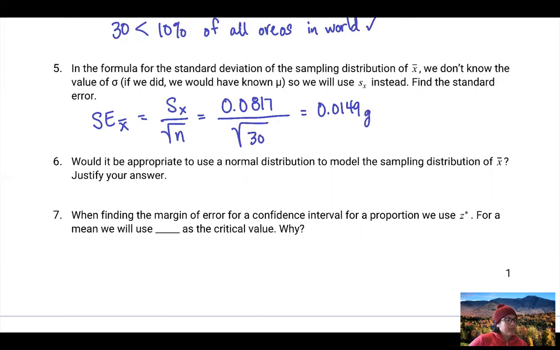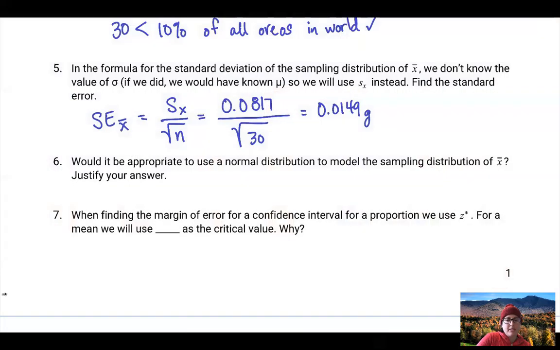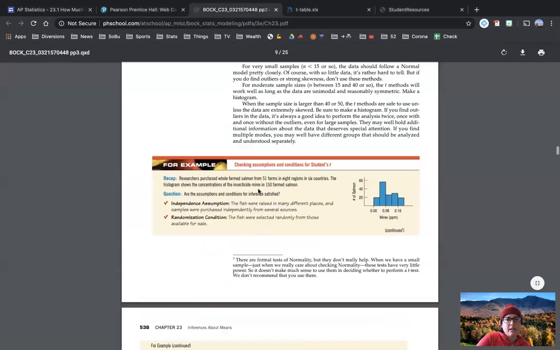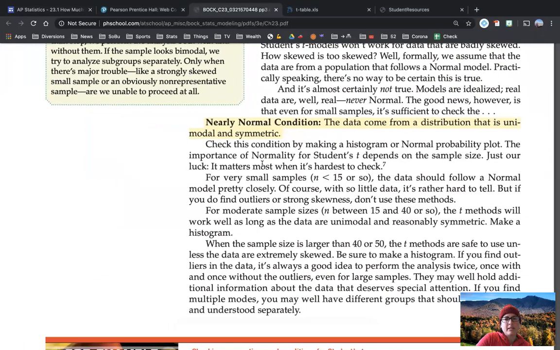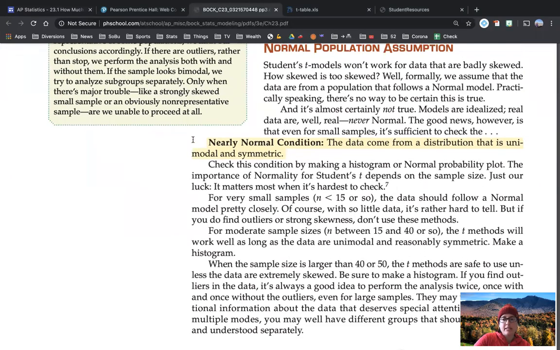So would it be appropriate to use a normal distribution to model the sampling distribution of X bar? So this is something that you should have seen in the reading that you did. So in your textbook, it goes through some conditions and assumptions for using this. So there's this nearly normal condition. We would, if we had the data, look at a histogram to see if our data looks normally distributed.